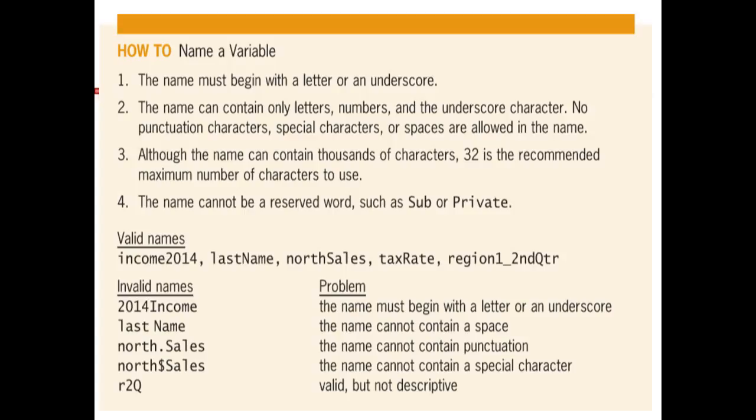So you have to have some sort of pattern in your variable names which are not commonly used as programming words. Some examples are given here. Some examples of wrong or invalid names are also given here. So you can see that you cannot begin with a number, 2014 is not how you begin. No spaces, no dots, no dollar signs. Even the last one, R2Q, is actually valid, but it doesn't make any sense, right?